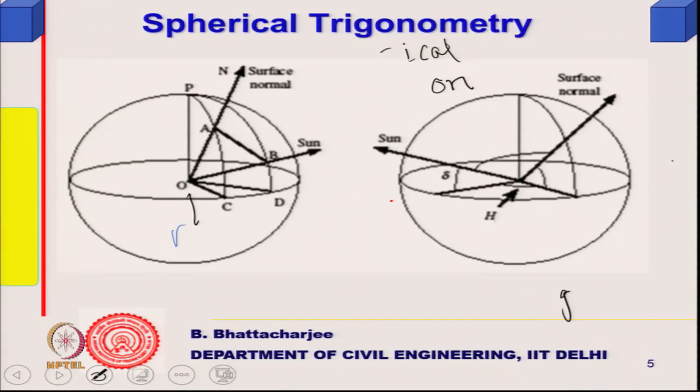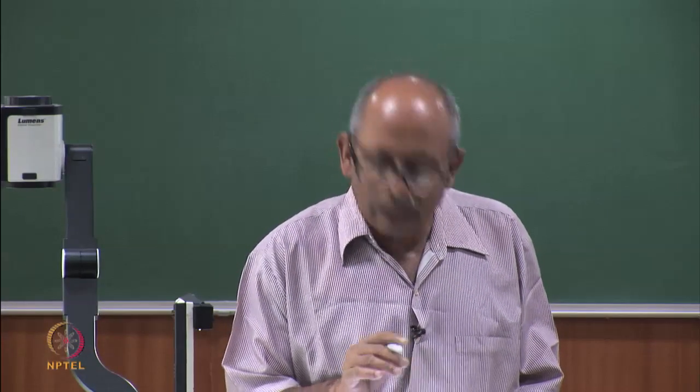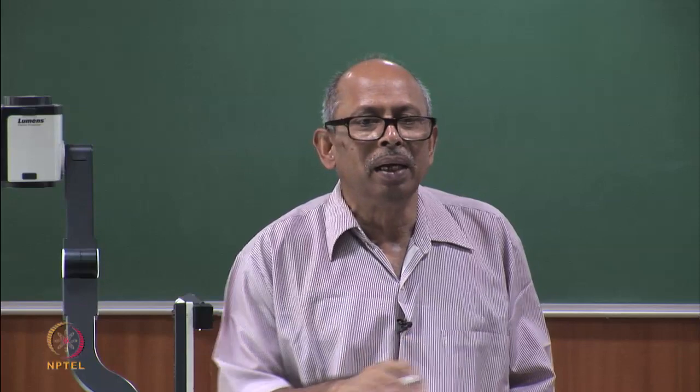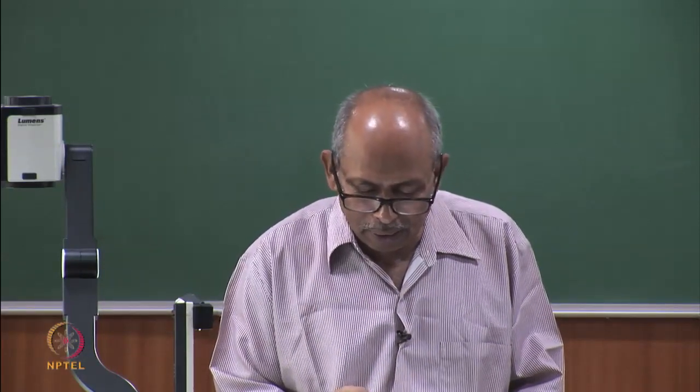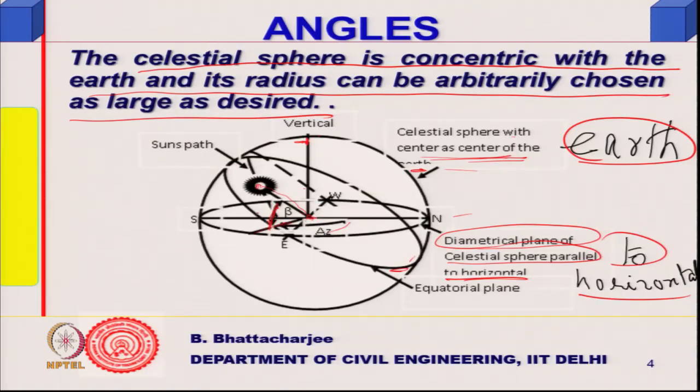Coming back here, you see this is my equator. This time I have taken the equatorial plane as the diameter, not the horizontal, just the equivalent. Earlier I used the horizontal plane, now this is the equatorial plane.